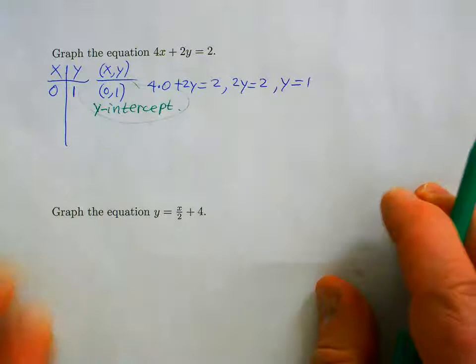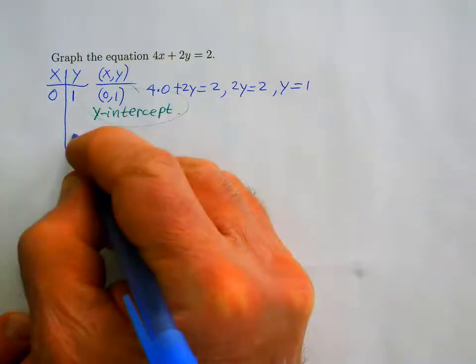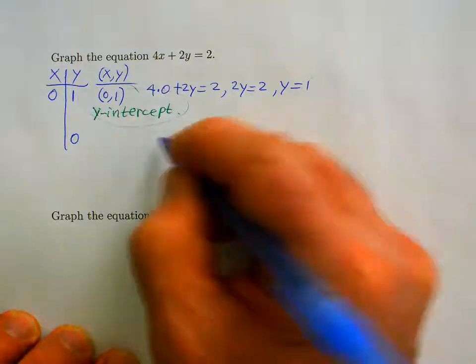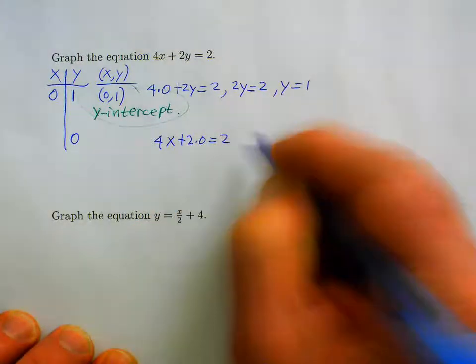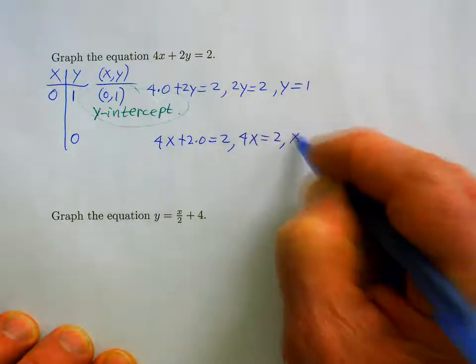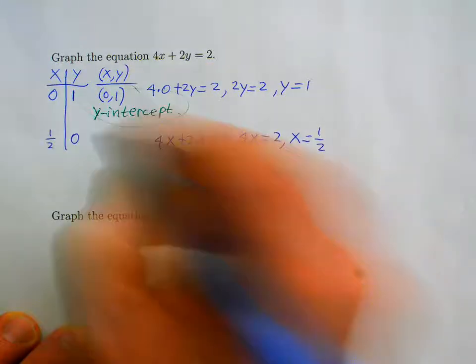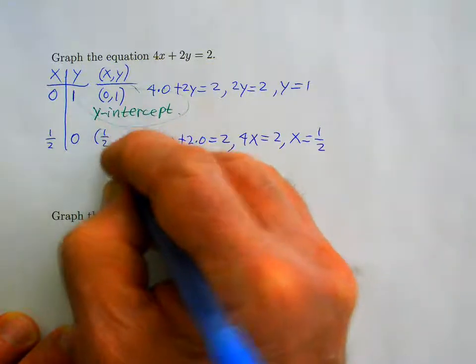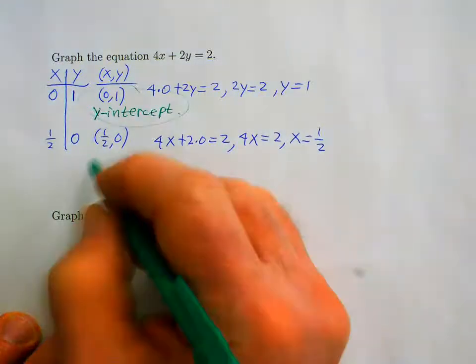And then if we pick y to be 0, in the equation, we get 4x plus 2 times 0 equals 2. 4x equals 2, so x equals 1/2. So this ordered pair, 1/2, 0, since the y-coordinate is 0, this is the x-intercept.